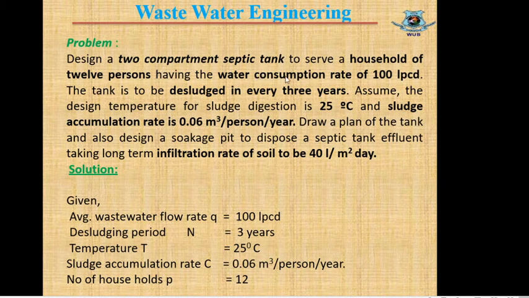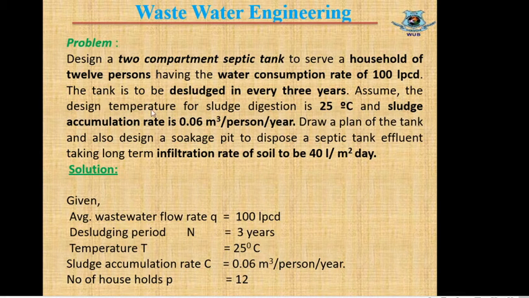That means wastewater flow rate Q equals 100 liter per capita per day. The tank is to be dislodged every 3 years. That means the period of emptying the septic tank is 3 years, so N equals 3 years.